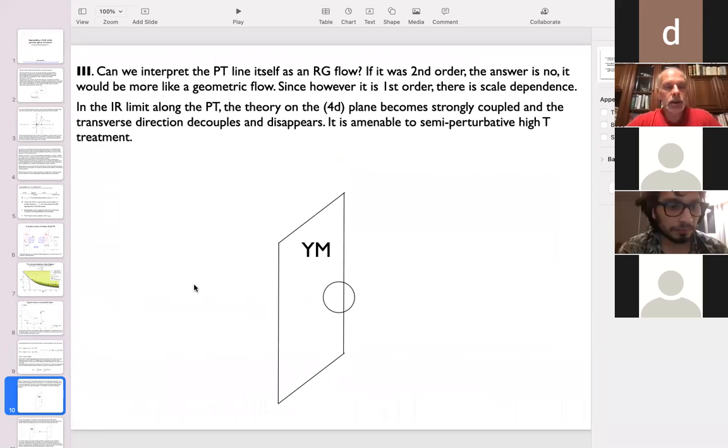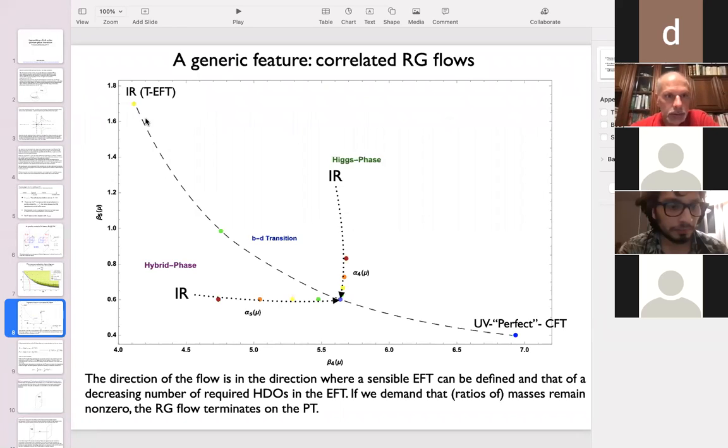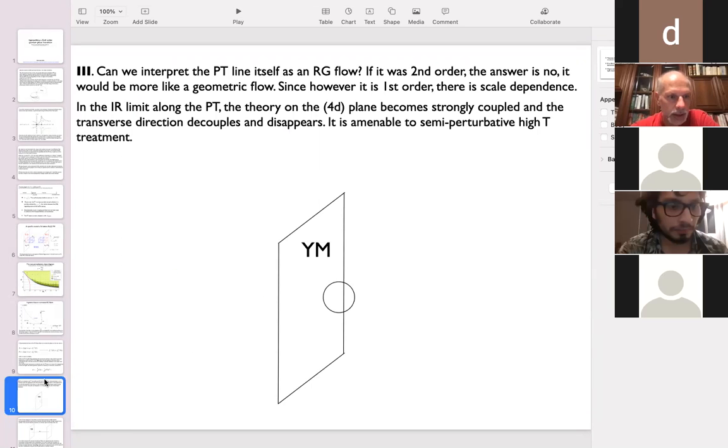So can we interpret the phase transition line itself as an RG flow? Now, the yellow point here on the phase diagram is the infrared, and it's a regime where the fifth dimension, as I told you, the phase transition is parameterized by the anisotropy gamma, and the value of the anisotropy gamma at the yellow point in the infrared tends to infinity.